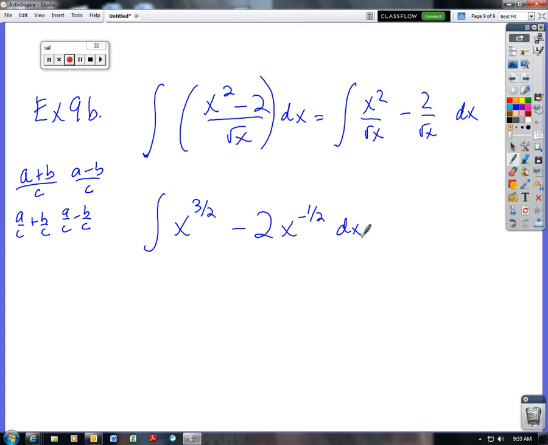So add 1, that's going to be 5/2, and then divide by or multiply by the reciprocal, 2/5. Bring along the minus 2. Add 1 to negative 1/2 and you get 1/2, and then we're going to divide by 1/2, which is the same as multiplying by the reciprocal of 2, and then plus c.